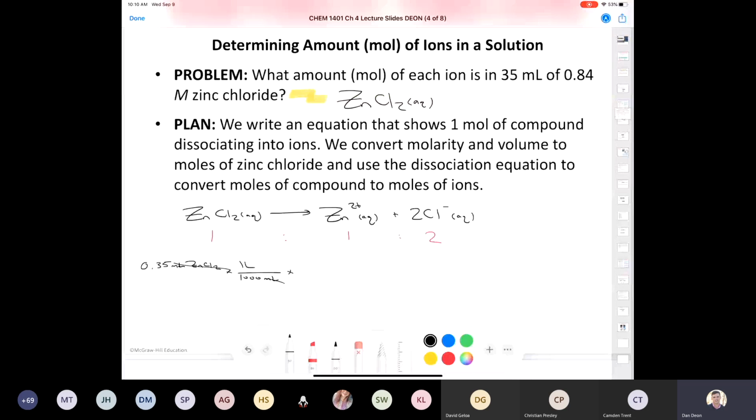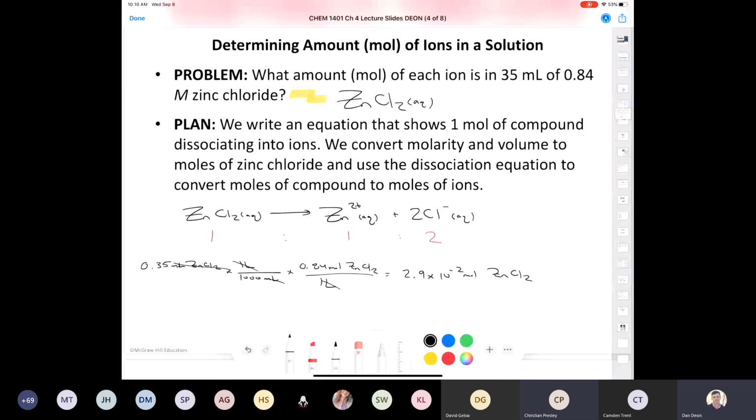And then I know I have 0.84 moles of zinc chloride in 1 liter. Just give me 2 shakes of a lamb's tail. So to punch that into my calculator, I end up with 2.9 times 10 to the negative 2 moles of zinc chloride.